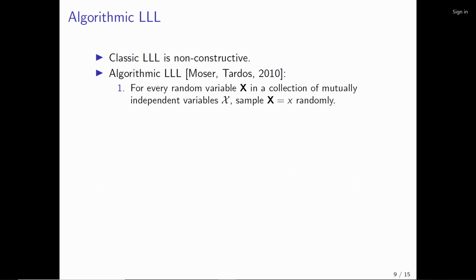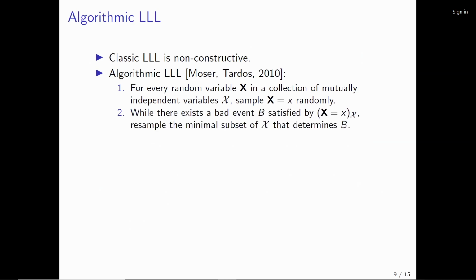Maybe you have some more involved probability distribution, but most of the time, for the proofs that we know, we actually just pick uniformly at random. And then, while there is a bad event that occurs, you just delete stuff and you resample. You have to be a little bit careful about it. You don't want to delete everything. You just delete the minimal amount of things that trigger this bad event, right? And just resample that. And you just do this until it works, basically.